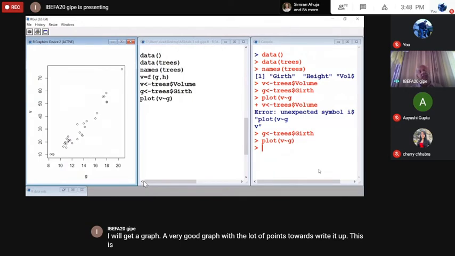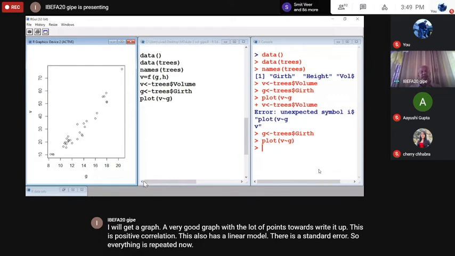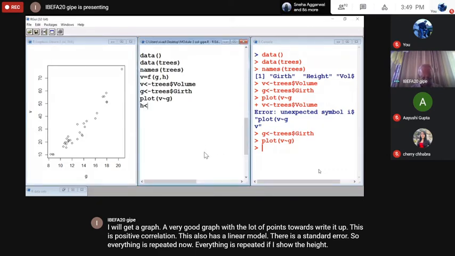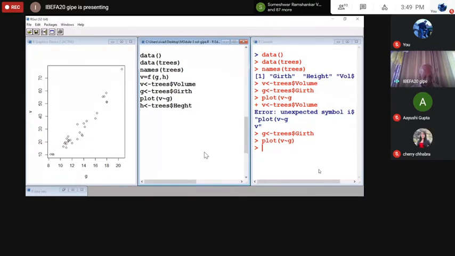This is positive correlation. This also has a linear model. There is a standard error. So everything is repeated now. If I show the height and plot volume against height, I will get another graph.